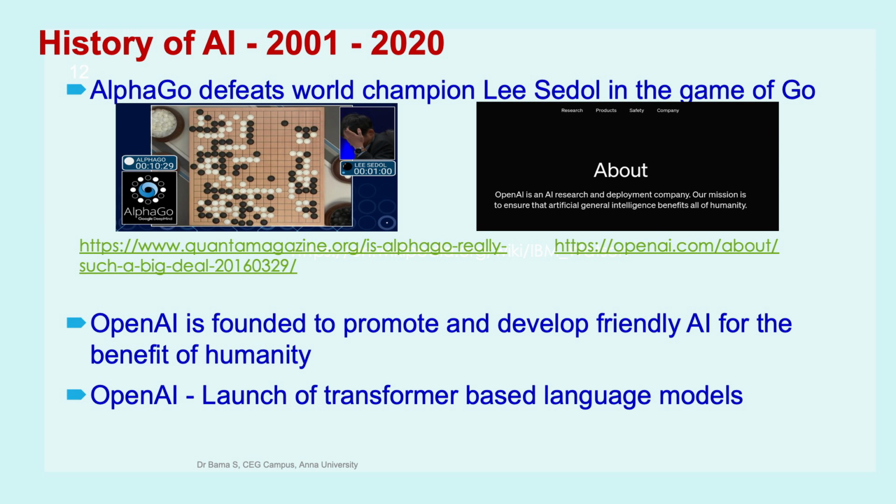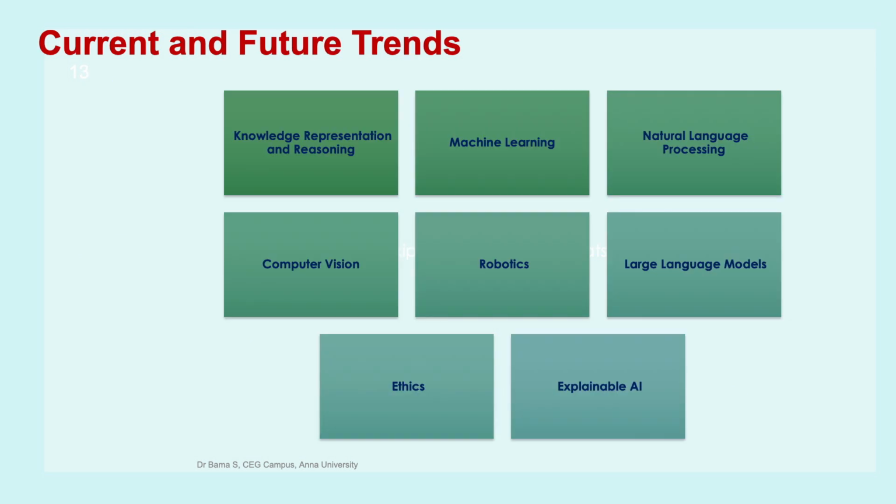And whatever I talked about is the timeline from 1950 to 2020, and now we will talk about some of the current trends that are prevailing and also the future ones. The first one, the current, is knowledge representation and reasoning. Although people right now talk only about the learning part, this is still prevailing today.